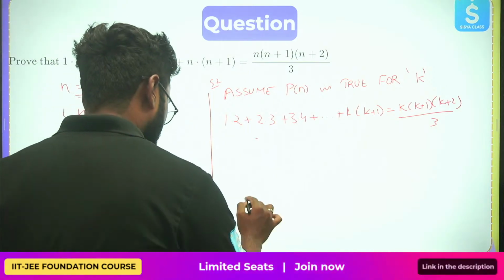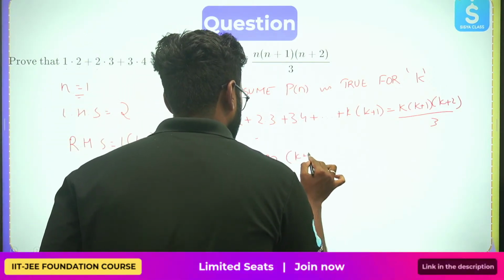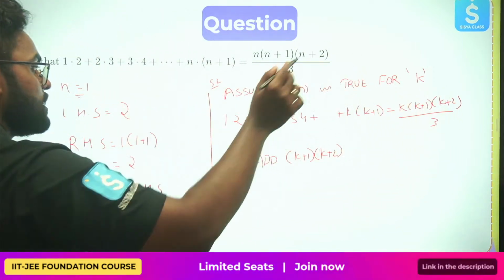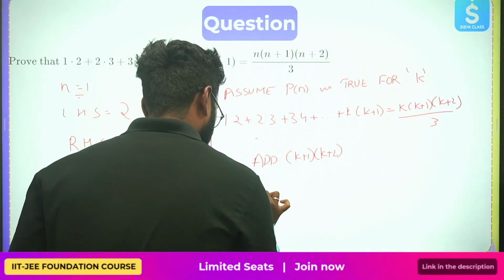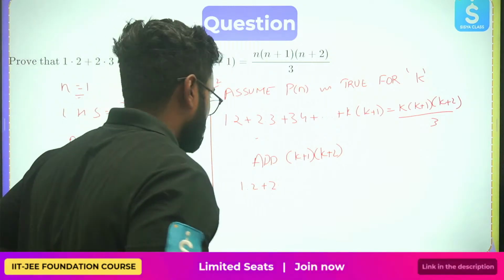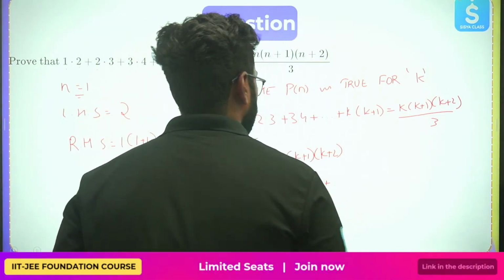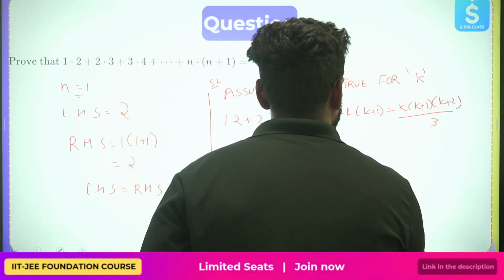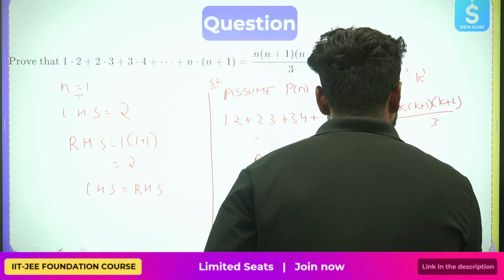I would be adding k plus 1 into k plus 2. I have both the terms, right? K plus 1 into k plus 2. I will be adding them on both the sides. I will be getting 1 into 2 plus 2 into 3 plus 3 into 4 plus so on, plus k into k plus 1 plus k plus 1 into k plus 2.